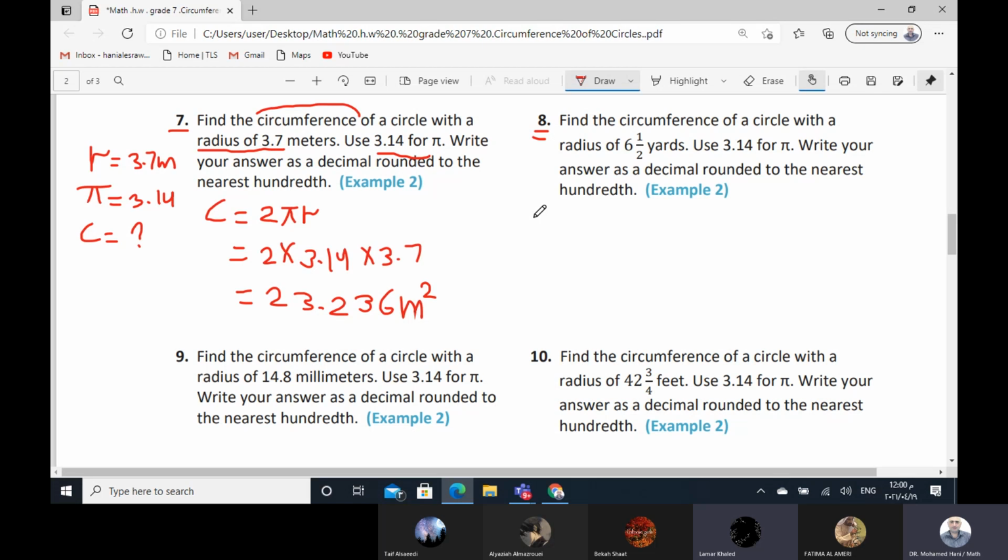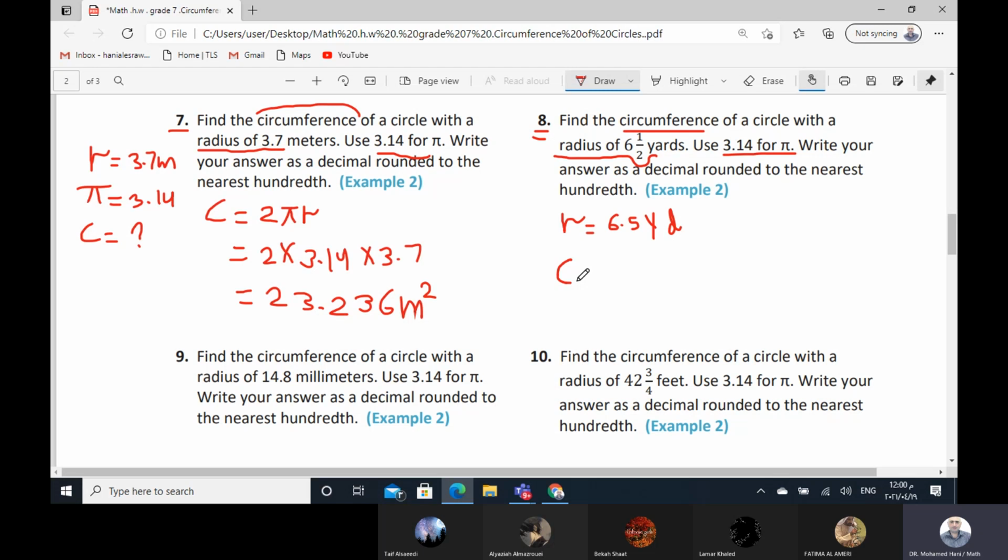Write your answer as a decimal rounded to the nearest hundredth. Thank you. So the information here, we have the radius, 6.5 yards. So r equals 6.5. And we know pi, and we want to find the circumference.